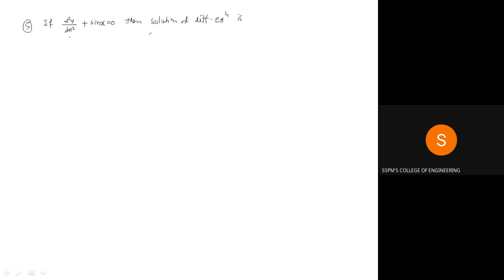Now in this differential equation, the order is 2. It means integrating how many times? 2 times. So anti-differential is integration. Am I right? So consider the differential d square y by dx square is equal to minus sin x.